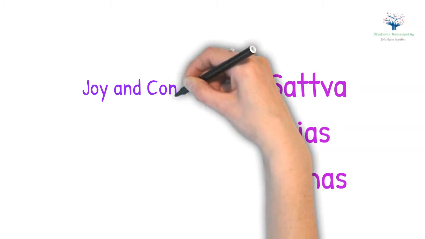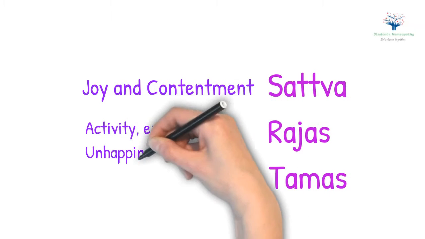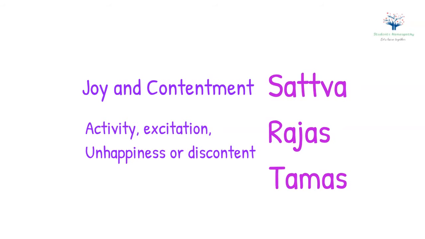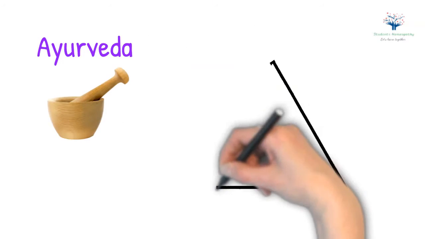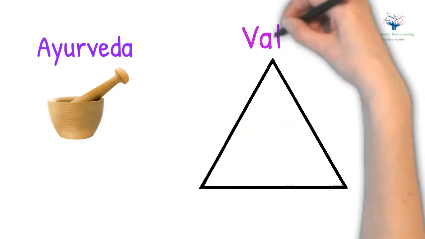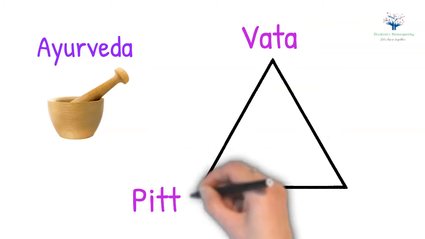Sattva presents joy and contentment. Rajas presents activity, excitation, unhappiness or discontent. And Tamas presents depression and inertia. Also, according to Ayurveda, each person has a unique dosa, that is Vata, Pitta and Kapha.